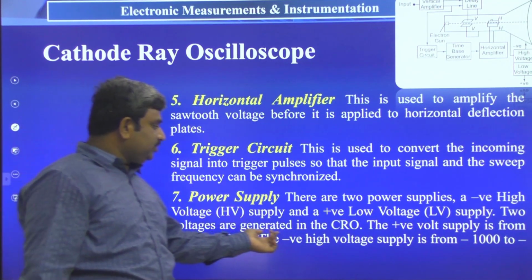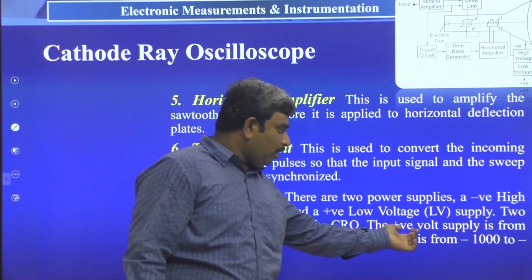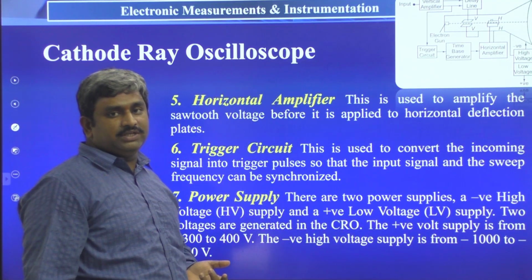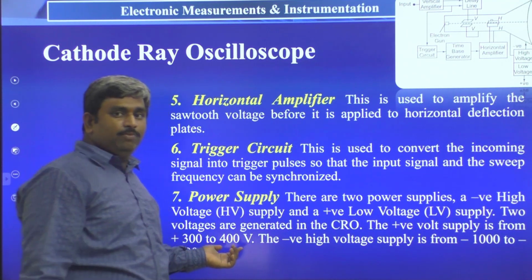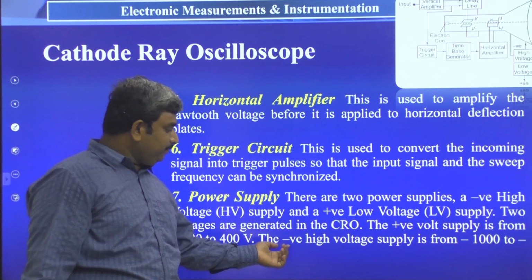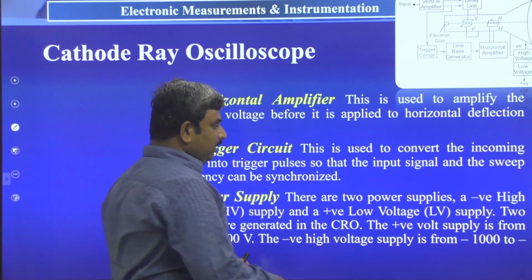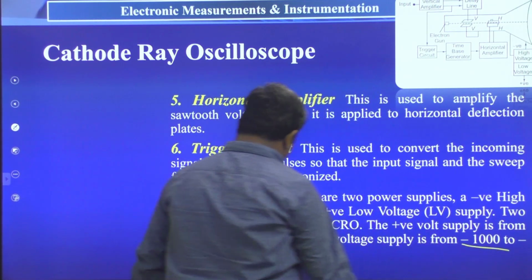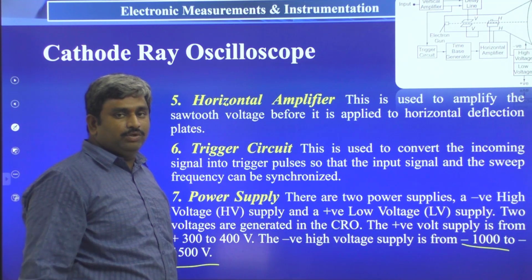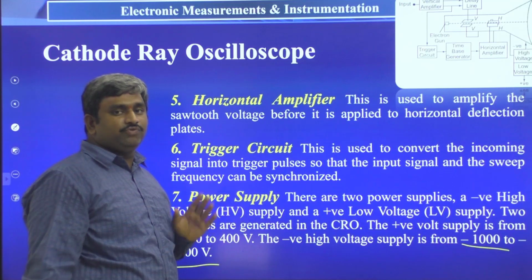2 voltages are generated in the CRO. The positive voltage supply is from 300 to 400 volts. So it seems to be a very high amount of voltage, 300 to 400 positive volts. But coming to the negative high voltage supply, it is from minus 1000 to minus 1500 volts.